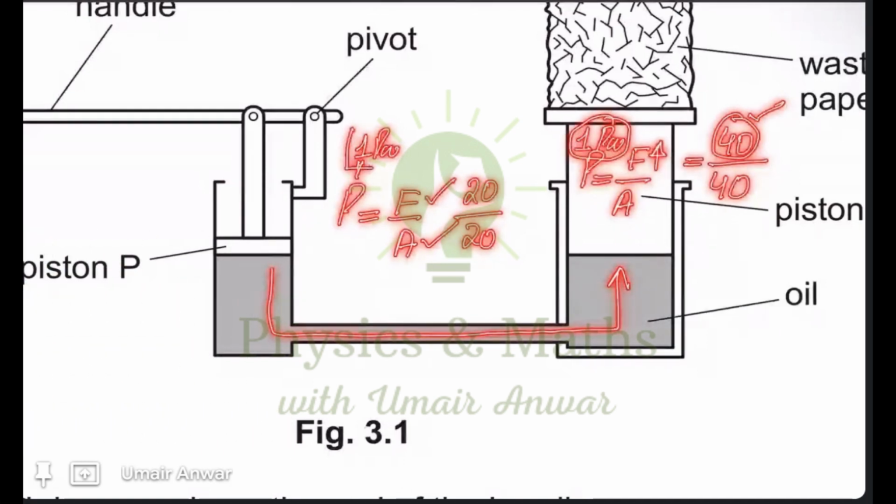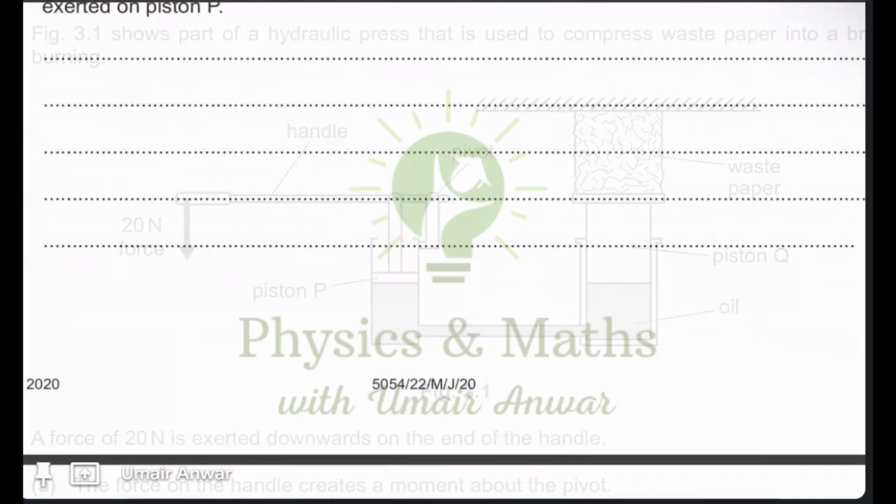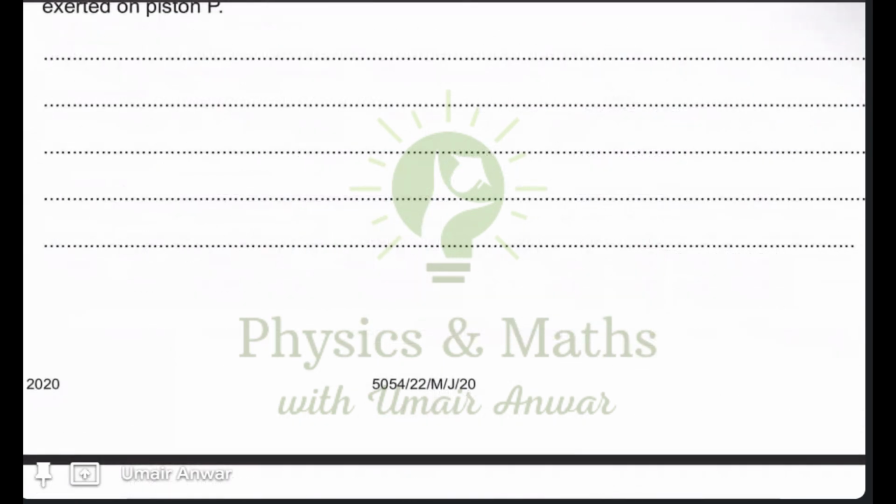The same pressure which was transferred from piston P through the oil and acted on the piston Q, the same pressure is going to be the answer of this division. Since the area has increased, the force would be increasing accordingly so that we get the same answer of the pressure over here.